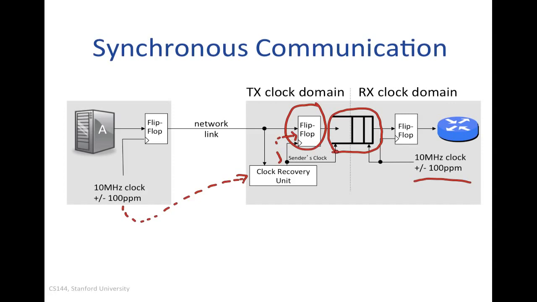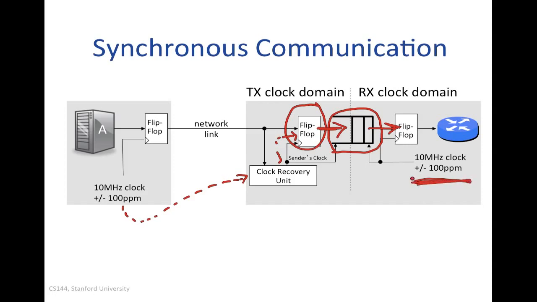The FIFO is another special circuit to help us take the bit from the sender's clock domain into the receiver's clock domain. Why? Because we need to get the bit into the clock domain of the receiver so it can process the packet using its own clock. To do this, the bit is written into the FIFO using the transmitter's clock, and then it's read out of the FIFO using the receiver's clock.